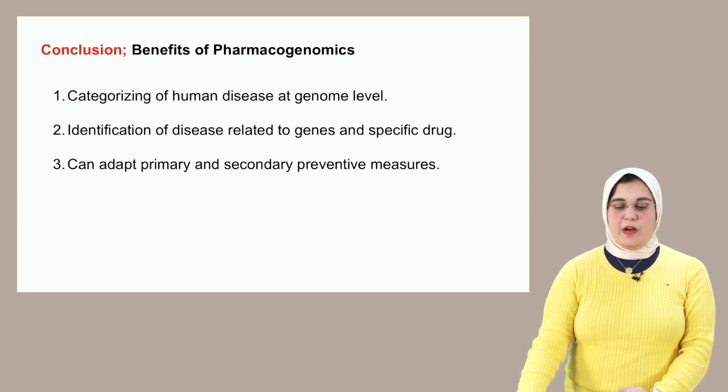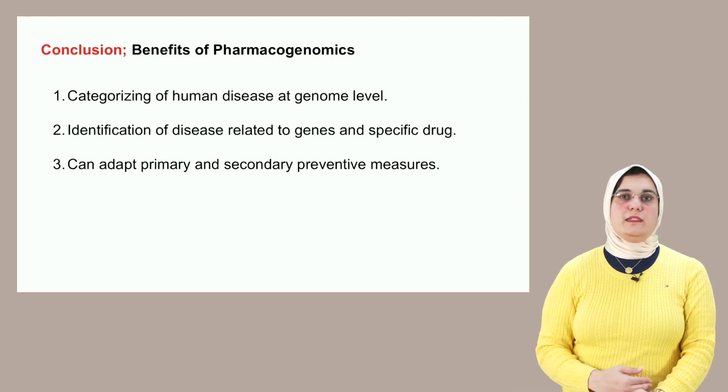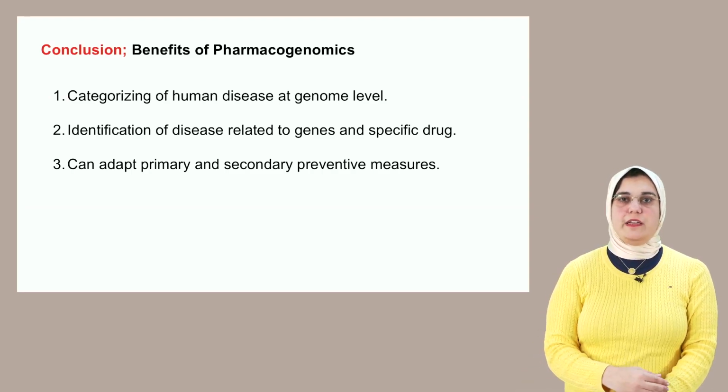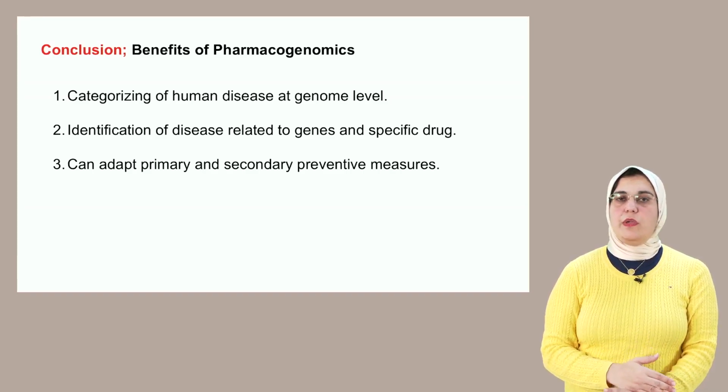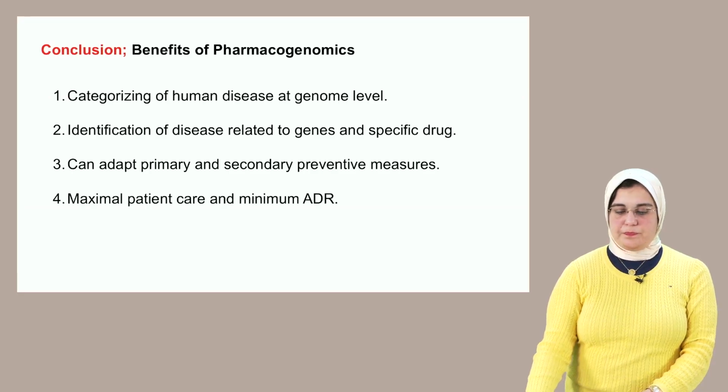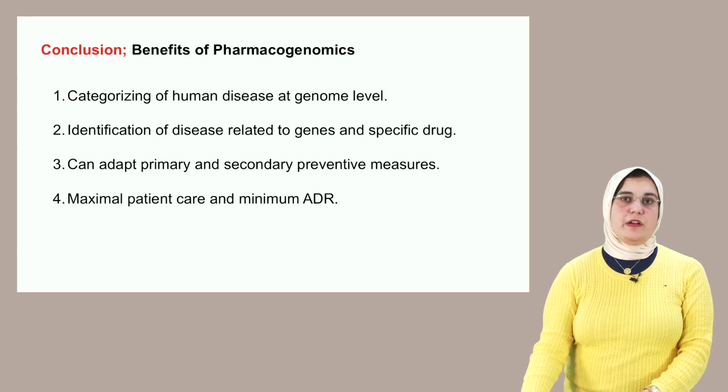We can adopt primary and secondary preventive measures. It means if we know that a SNP can lead to side effects if the patient is taking this drug, when we stop this drug forever, we cannot get this disease. Maximal patient care and minimum adverse drug reaction.